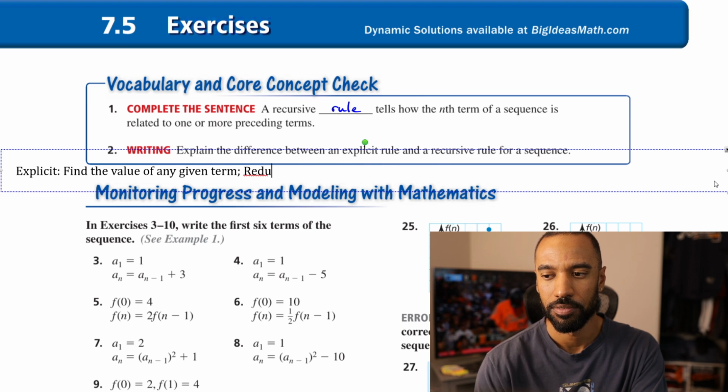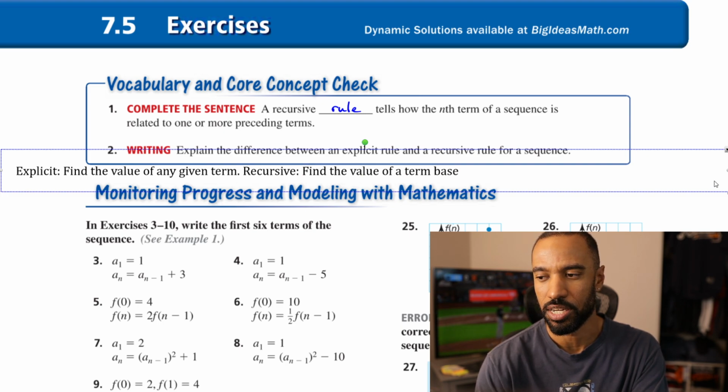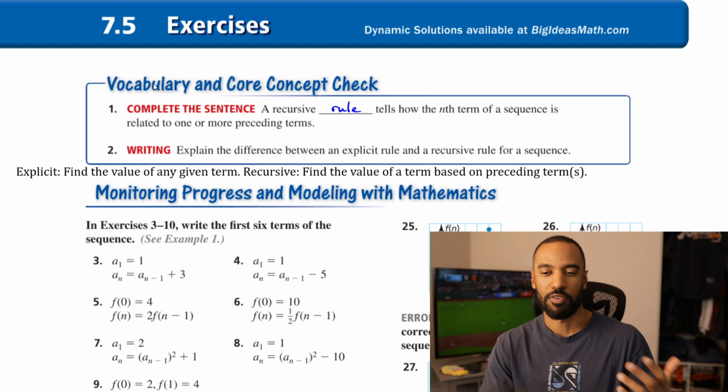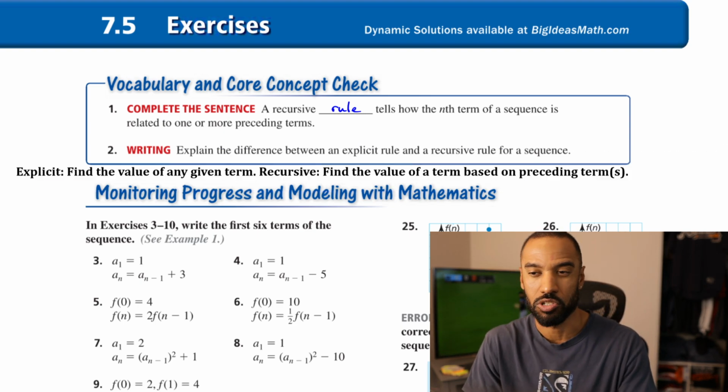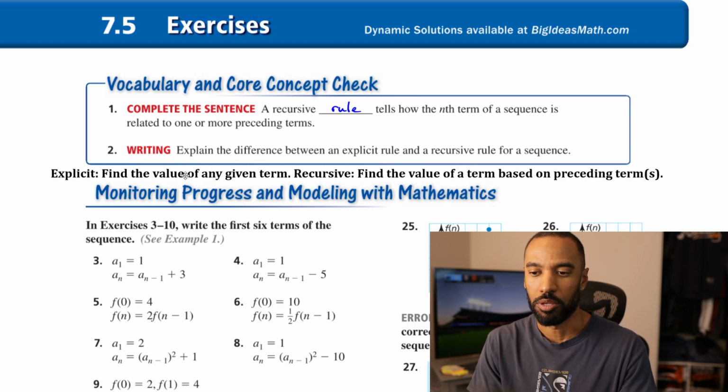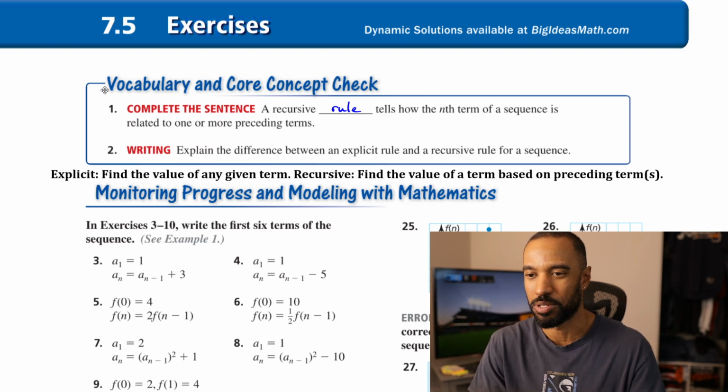And recursive, let's see. Recursive, find the value of a term based on preceding terms. Preceding term or terms. Normally, especially for arithmetic and geometric, it's based off the previous term. But for Fibonacci or some special case ones, it can really be anything. It can be from 2 terms ago or something like that.